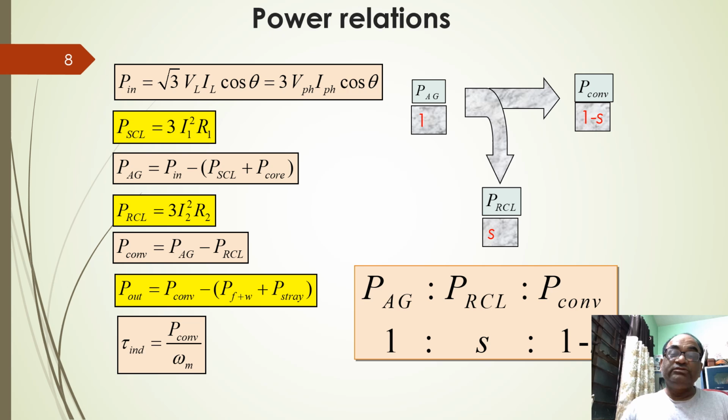So the ratio of P air gap to P rotor copper loss to power available on the shaft is 1 to S to 1 minus S. This relationship also helps you in the calculation of power. While you are solving numericals, you have to bear in mind this relationship because it is quite helpful.